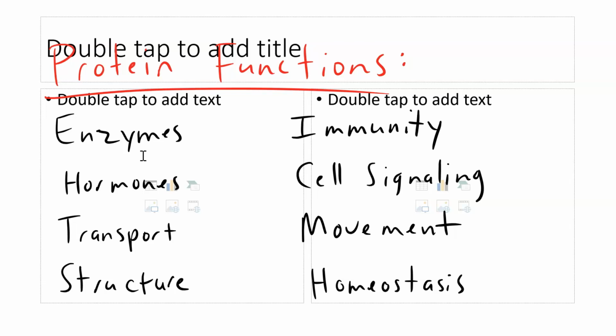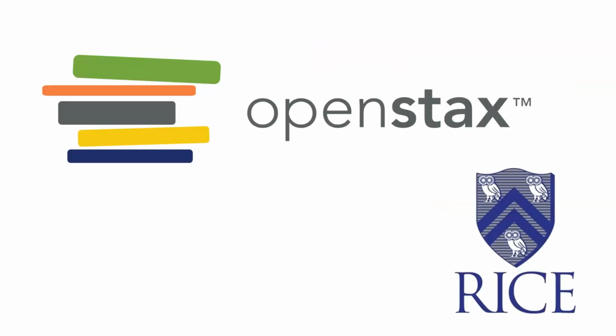We will cover all examples of protein function, but it's pretty easy to see from this list that proteins pretty much do all the functions of the cell. So it's really important that they retain their proper primary structure, that is the sequence of amino acids, as well as their secondary, tertiary, and quaternary structure in order to be able to do what they're supposed to do, for example, act as enzymes or act as hormones.